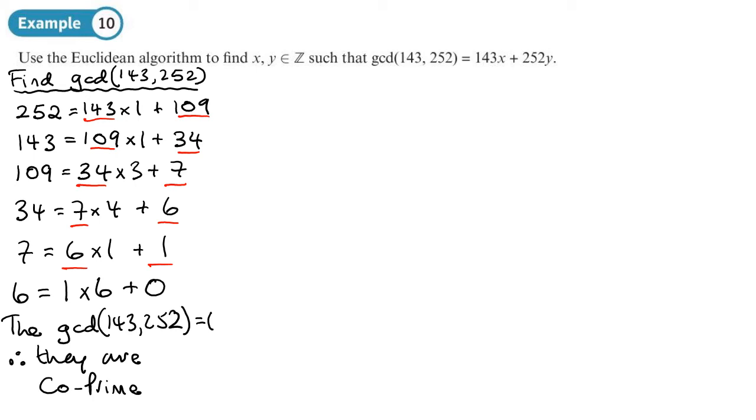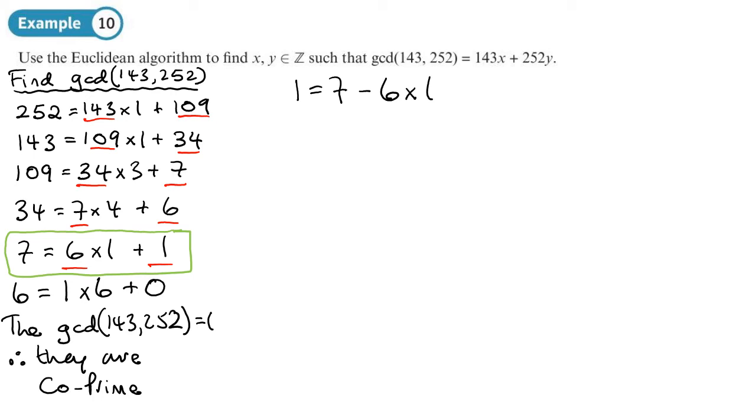So now we use the algorithm here in reverse to find these values of x and y. So remember, we start with the line of working where we got the GCD from. So we will rewrite it as 1 equals 7 minus 6 times 1, like this.